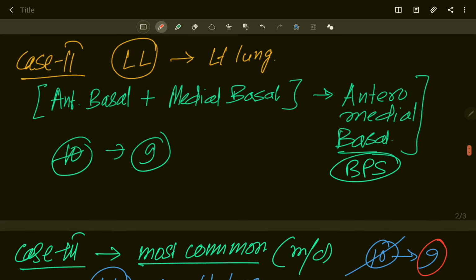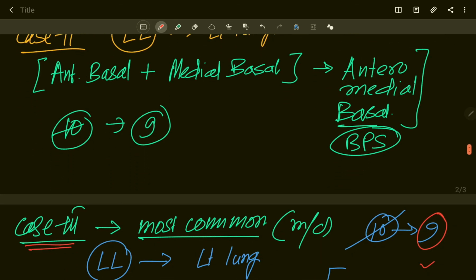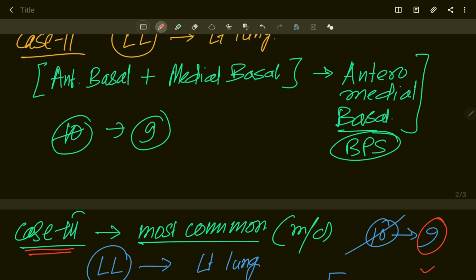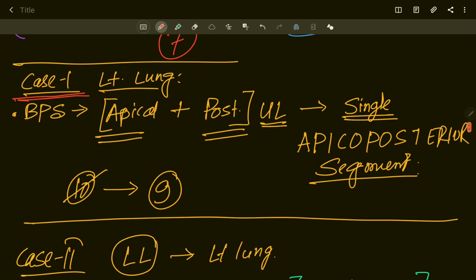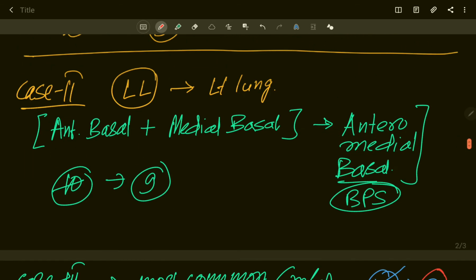Now with case 3, any one of the other cases is present with case 3. Either case 1 is present with case 3 or case 2.